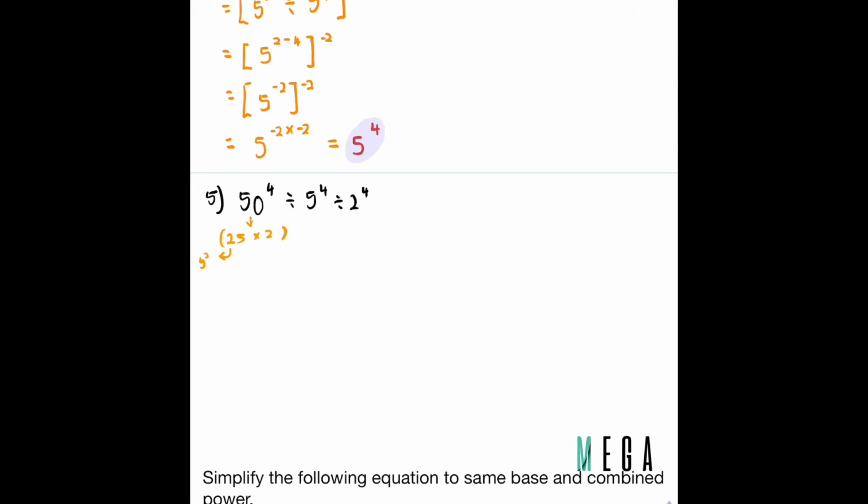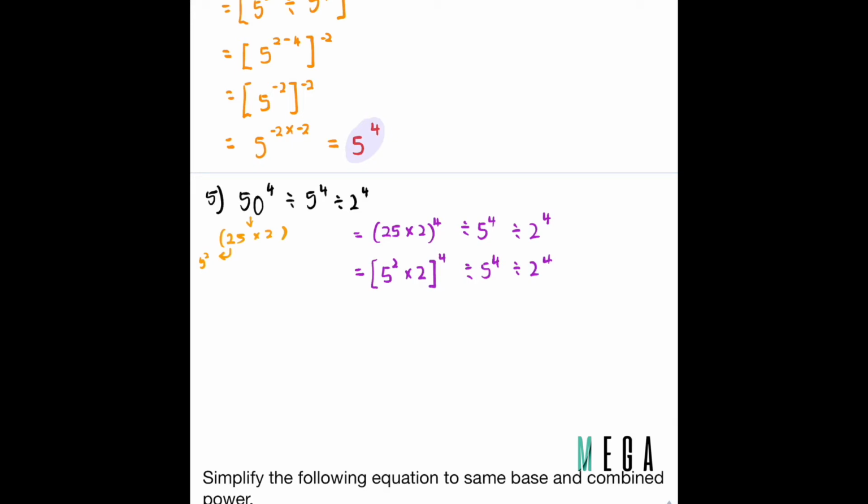So this is how we solve this question. Let's do it here. 50, I can write it as 25 multiplied by 2 to the power of 4 divided by 5 to the power of 4 and divided by 2 to the power of 4. And 25, I can further reduce into 5 squared multiplied by 2, to the power of 4 divided by 5 to the power of 4 divided by 2 to the power of 4.